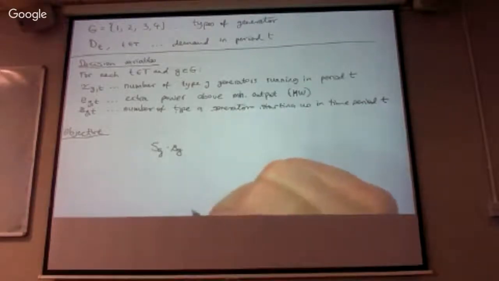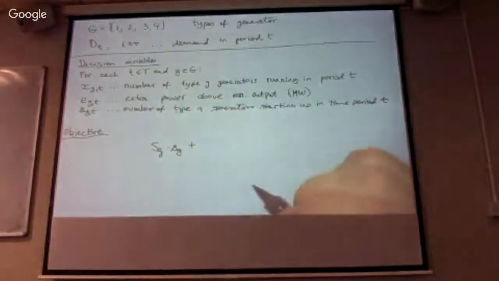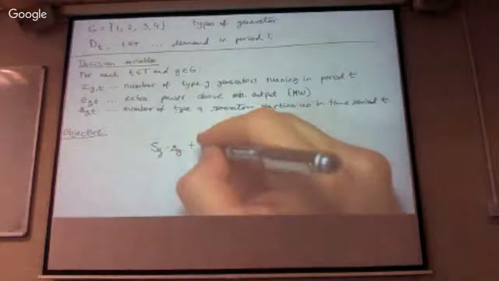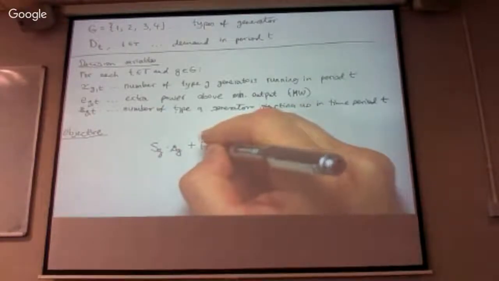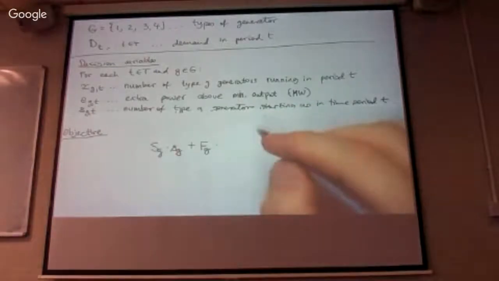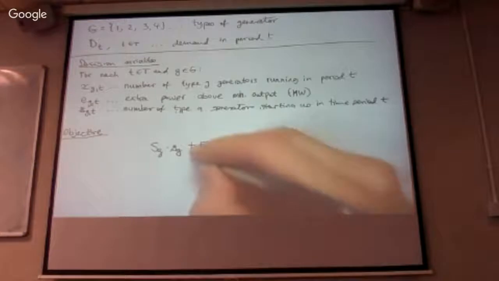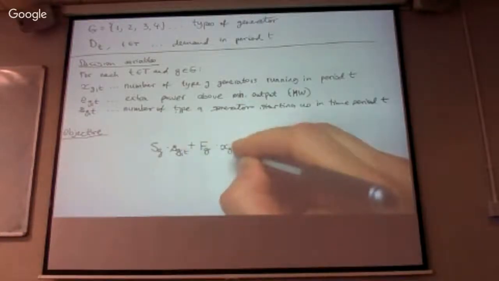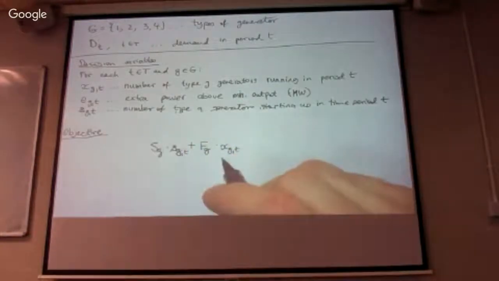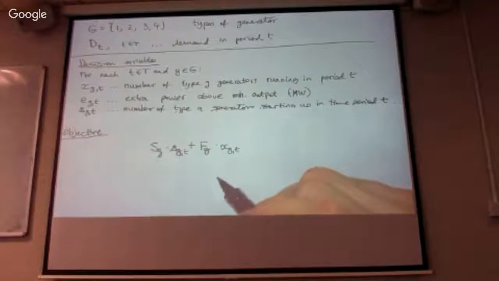Plus the fixed cost times by, so that's the fixed of G, times by the extra power. No, not the extra, by the X. Oh, GT it has to be. Okay, that's kind of simple.